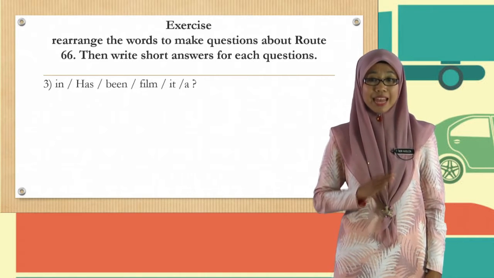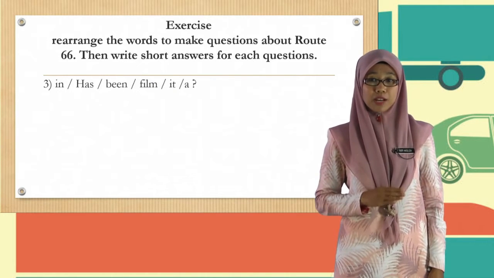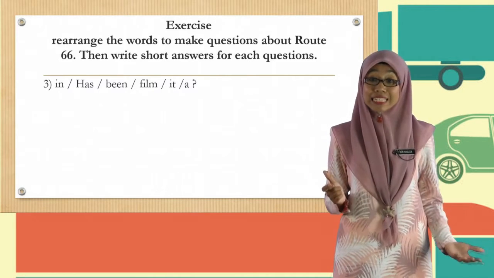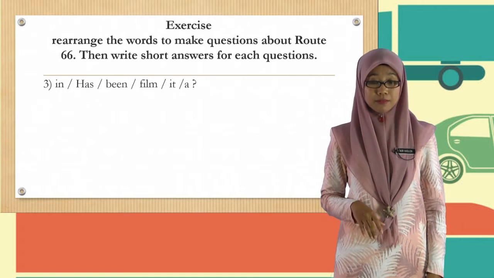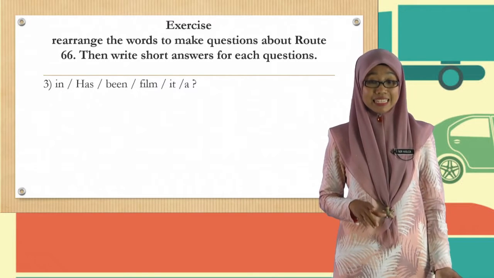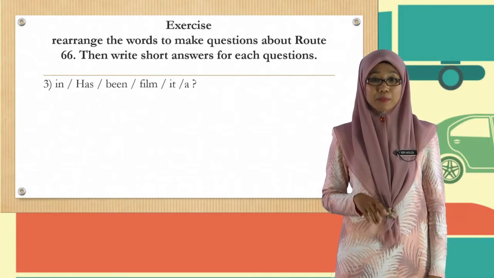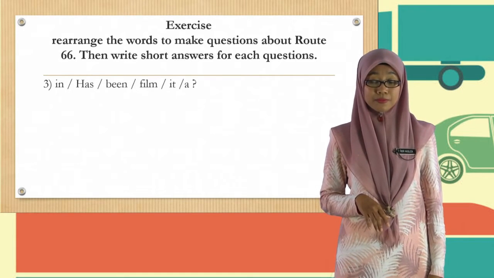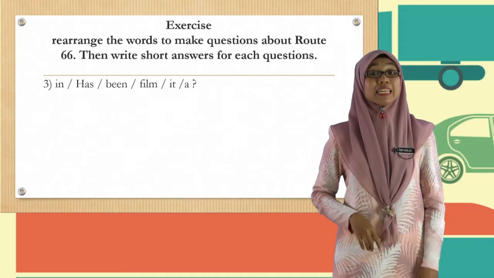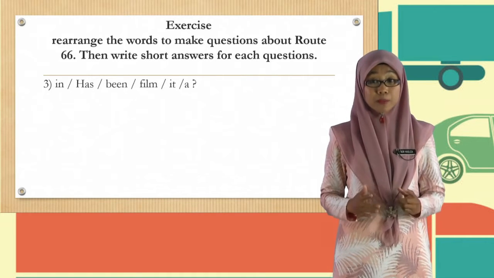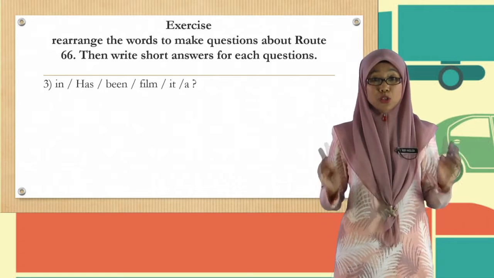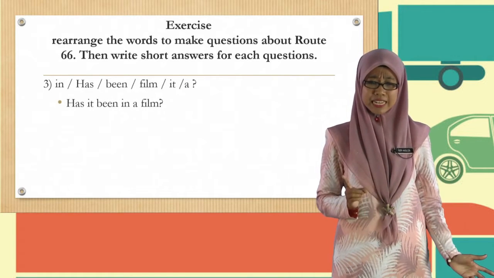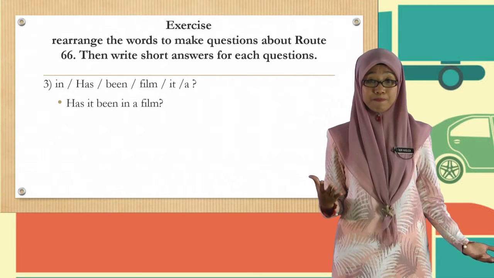So, in this question, has should be placed at the front of the question, followed by the subject. What is the subject for question number 3? Yes, it is the subject. Next, what is the verb? Yes, been is the verb. In a film is the rest of the question. So, the answer is, has it been in a film?